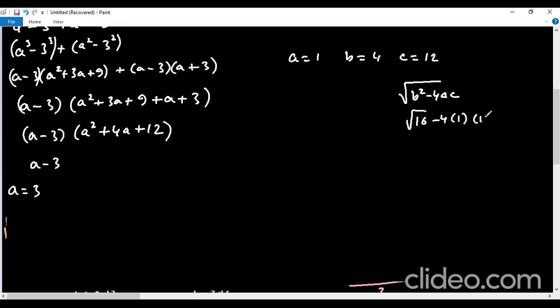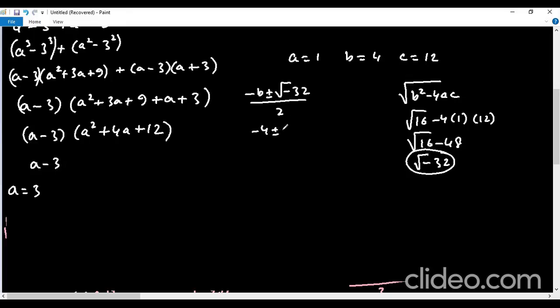This gives you 16 minus 48, that means negative 32 is your discriminant here. Now we use minus b plus minus under root negative 32 over 2, that means minus b is a 4 plus minus this is root of negative 1 and 32 over 2.